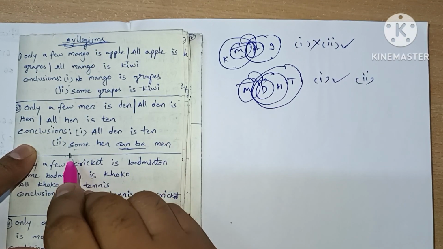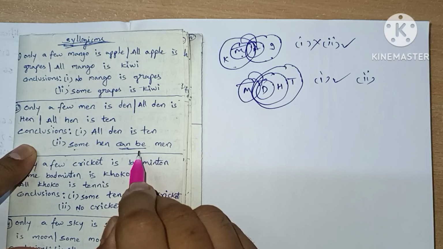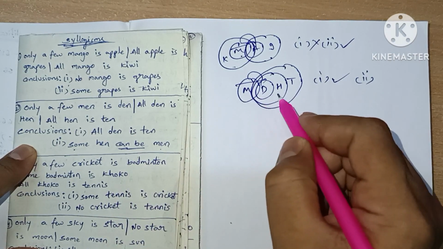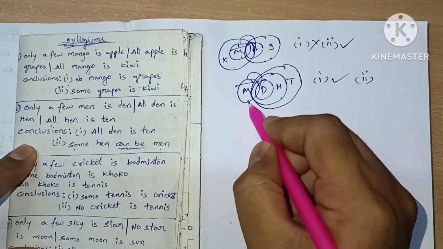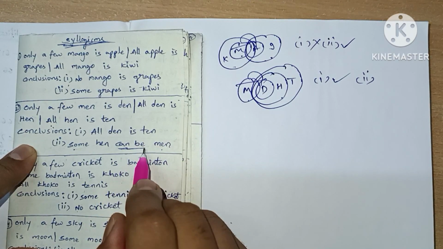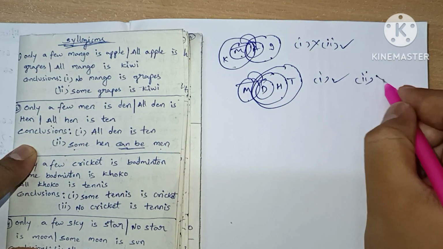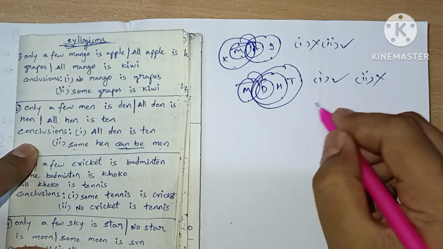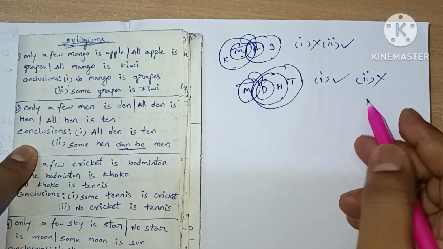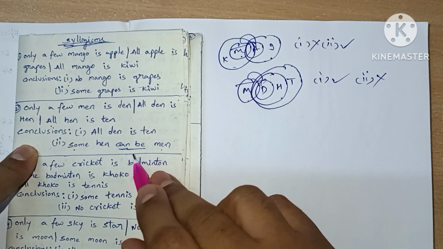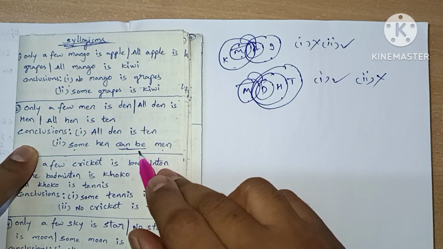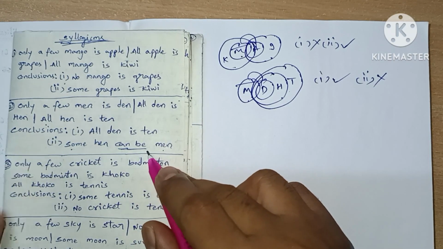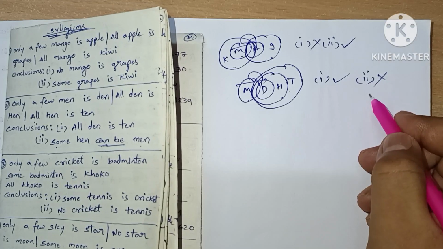Second one, some hen can be men. It is already sharing and it is saying about maybe. So this case fails. Only one is true here, because it is already sharing and it is saying that can it be possible to share, he asked. Then this conclusion will be false.